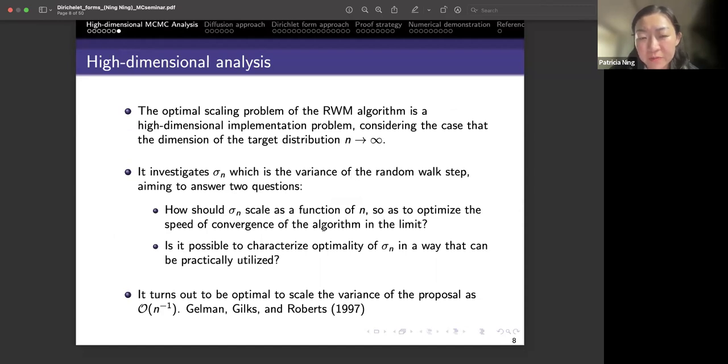Second, is it possible to characterize optimality of sigma_n in a way that can be practically utilized? It turned out, in the classical work by Gelman, Gilks, and Roberts in 1997, that it is optimal to scale the variance of the proposal as big O of n inverse.